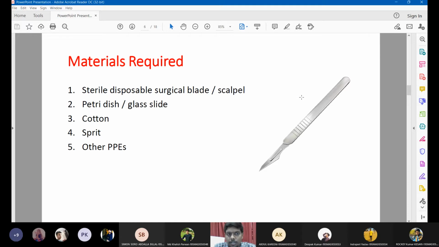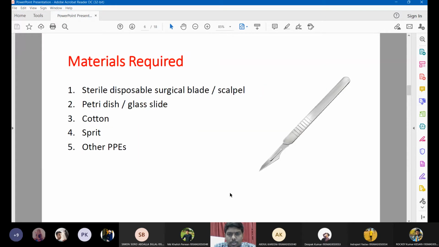The materials required include a sterile or disposable surgical blade or scalpel, petri dish or glass slide, cotton, spirit, and other personal protective equipment. Very basic materials are sufficient for collecting these samples. So we need a scalpel or blade, a petri dish or glass slide, cotton, spirit, and PPE.